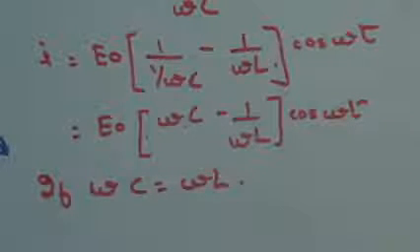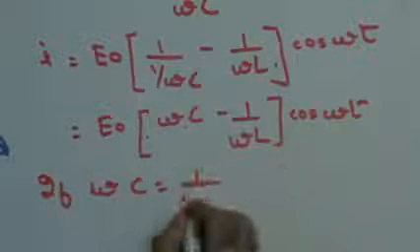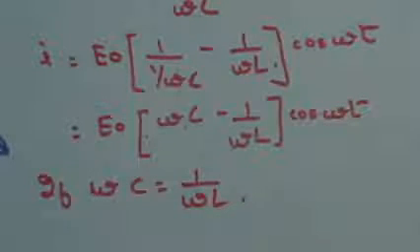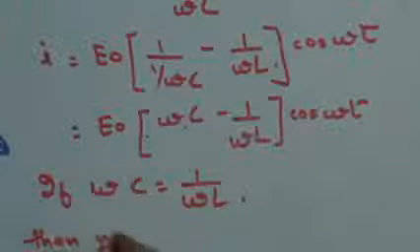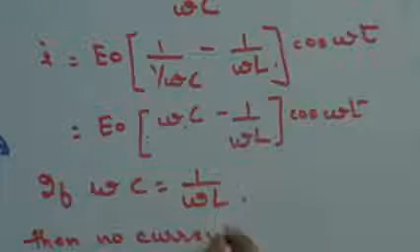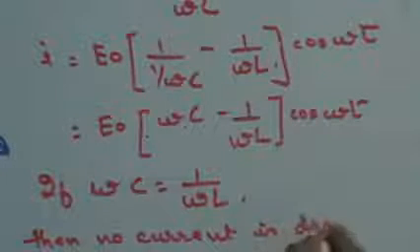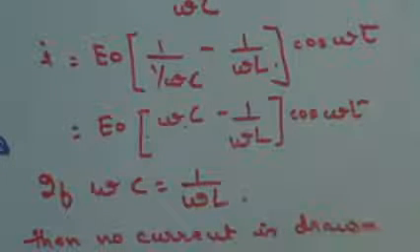So no current is going to be drawn from the source, and this relationship is called parallel resonance.